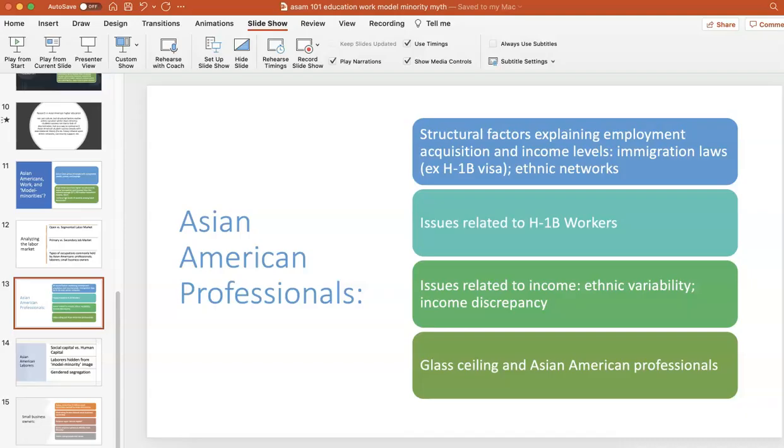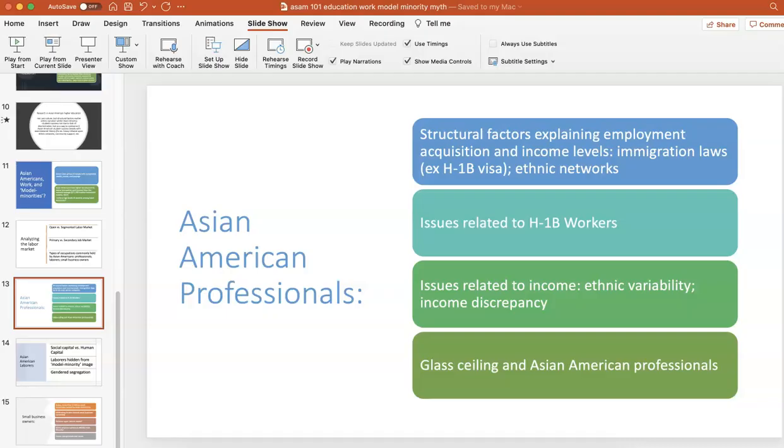Now, incidentally, this whole issue of income discrepancy as related to H-1B workers I just described applies to other Asian American professionals, even if they're not part of the H-1B worker visa program. In other words, even for these workers, not part of the H-1B workers, they're immigrants. They come here as professionals, and they tend to be given, or they tend to accept even, lower wages.